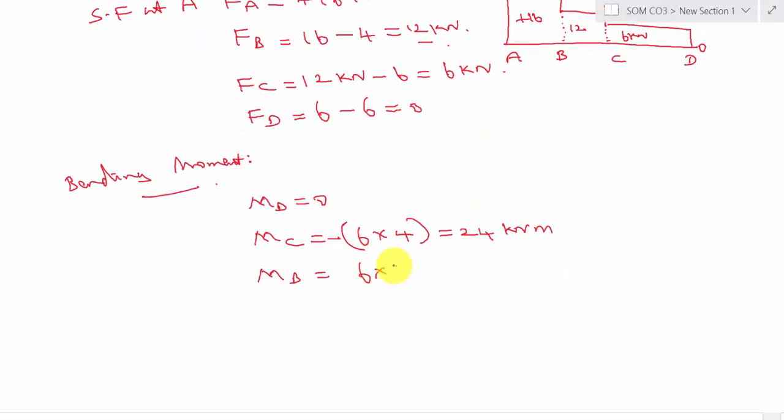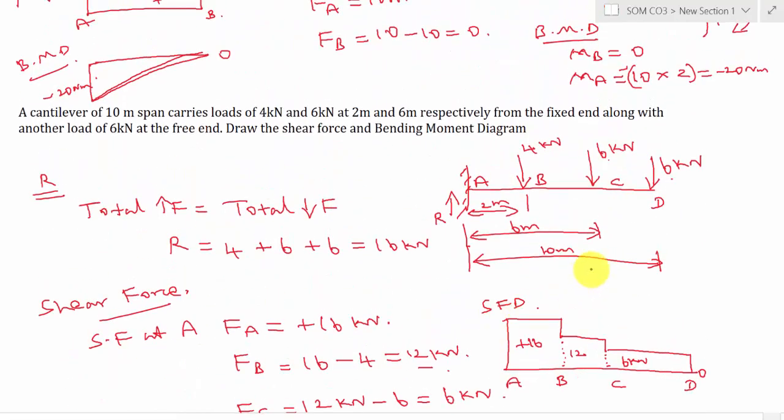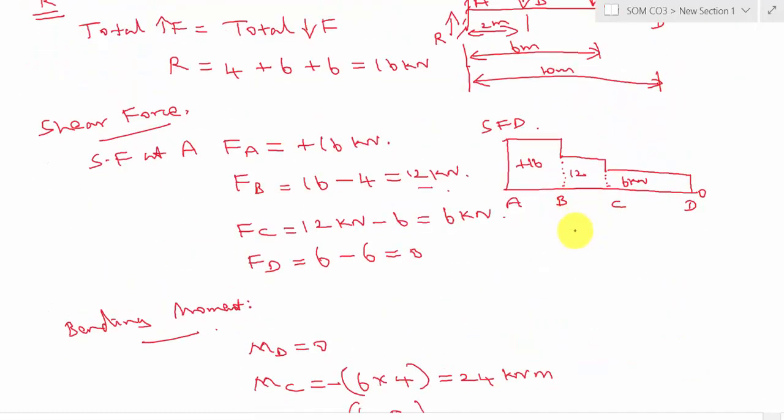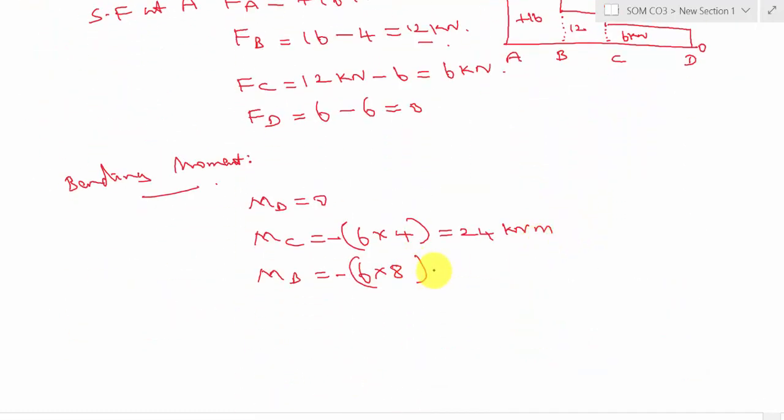So it is 6 into 8 and it is acting in the clockwise direction, so negative. Another force is this next 6 kilonewton and it is acting at a distance of 4 meter. So again it is minus 6 into 4. If we solve this, then we will get minus 72 kilonewton meter. So this is the bending moment at point B.